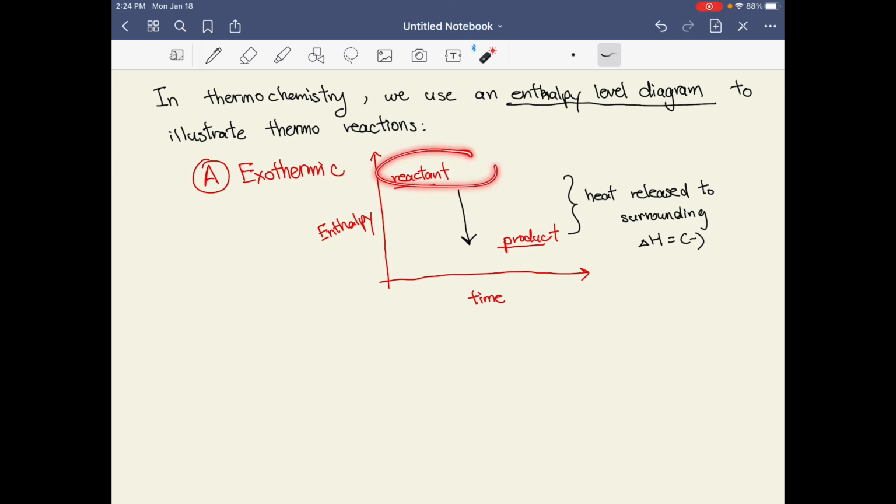So when the reactants break bonds and then form bonds to make products, heat from here got released out of the beaker and into the surrounding. That's why you feel hot. So we say that because you're losing heat, delta H is negative. And nature actually favors that, believe it or not. Nature actually favors exothermic reaction.